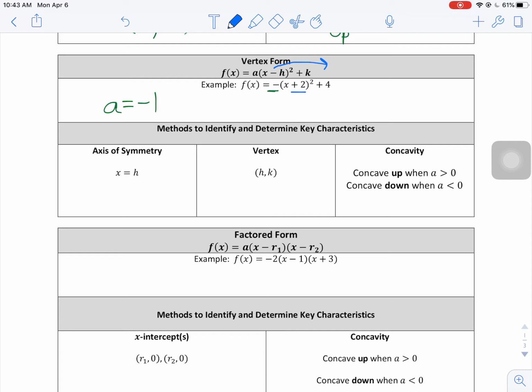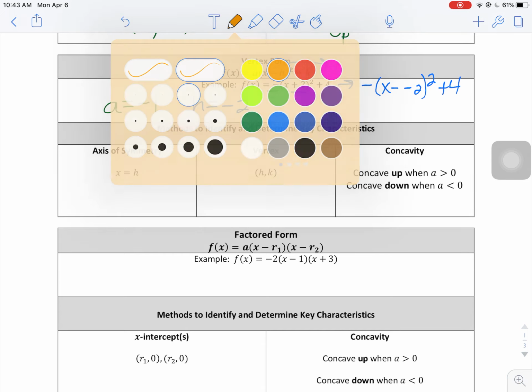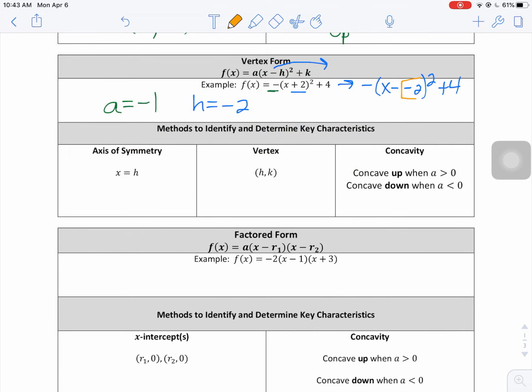So h is actually the opposite of the number you see inside the parentheses. So h is negative 2. Basically, I could have rewritten this as x minus negative 2, like that. So h would be here. It's the number after the minus sign, and that double negative turns into the positive.